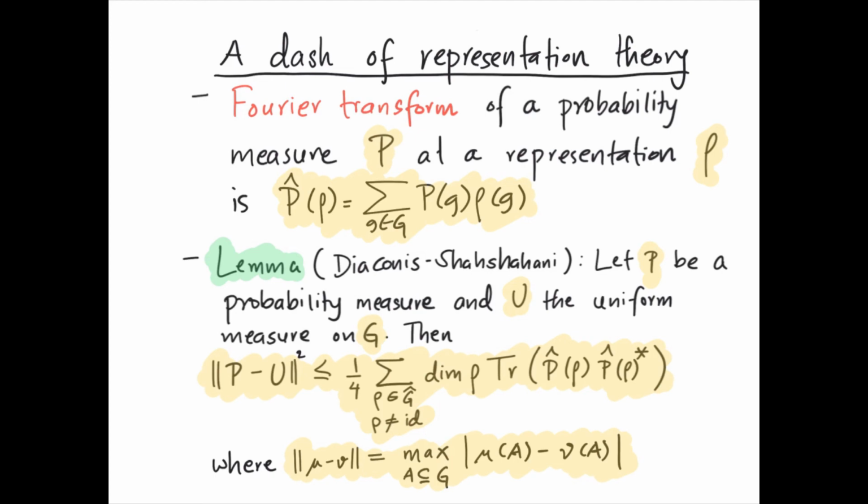What it says is that if you have P, a probability measure, and U, the uniform measure on G, then the total variation distance between the probability measure P and the uniform measure is bounded above by this expression that's in terms of the Fourier transform of the probability measure. This star is just the complex conjugate, and dimension is the dimension of the representation, and you're summing over the irreducible representations. So G hat is the set of irreducible representations.